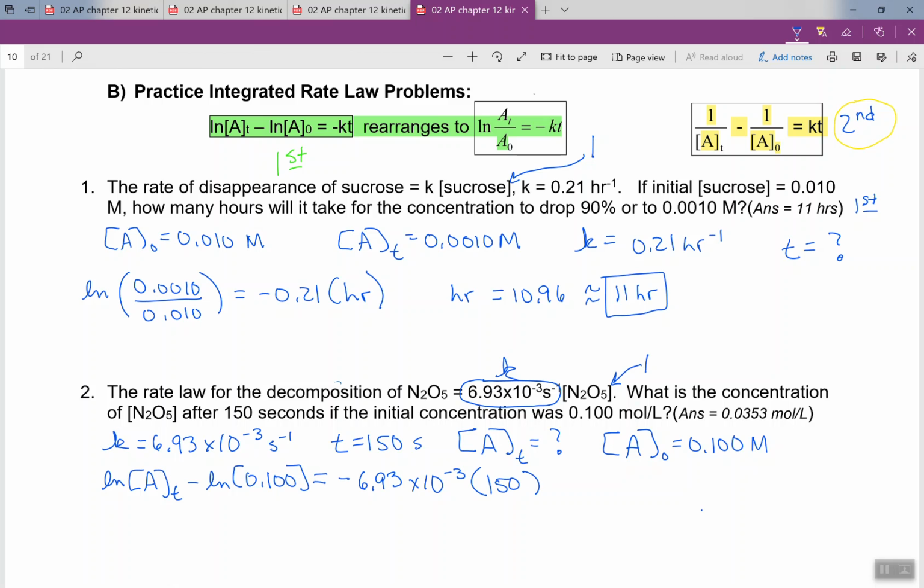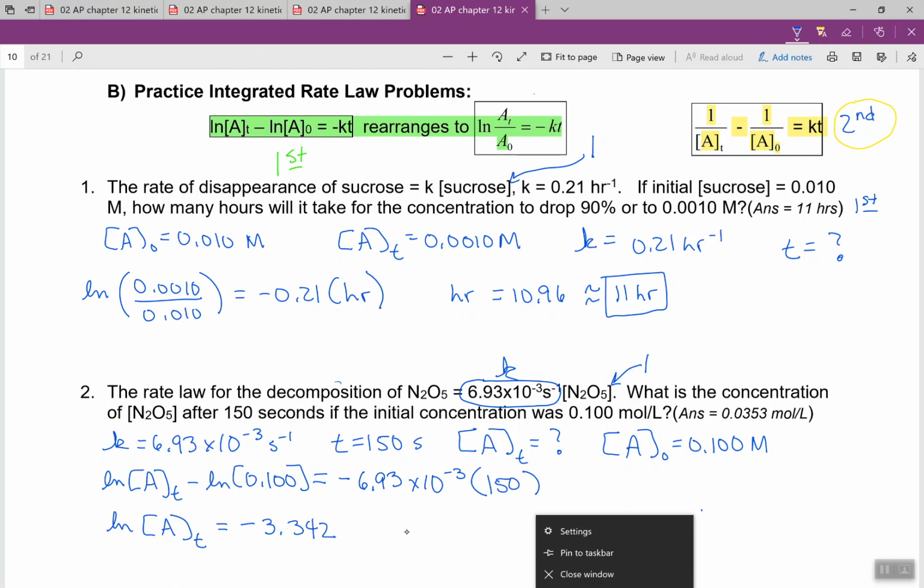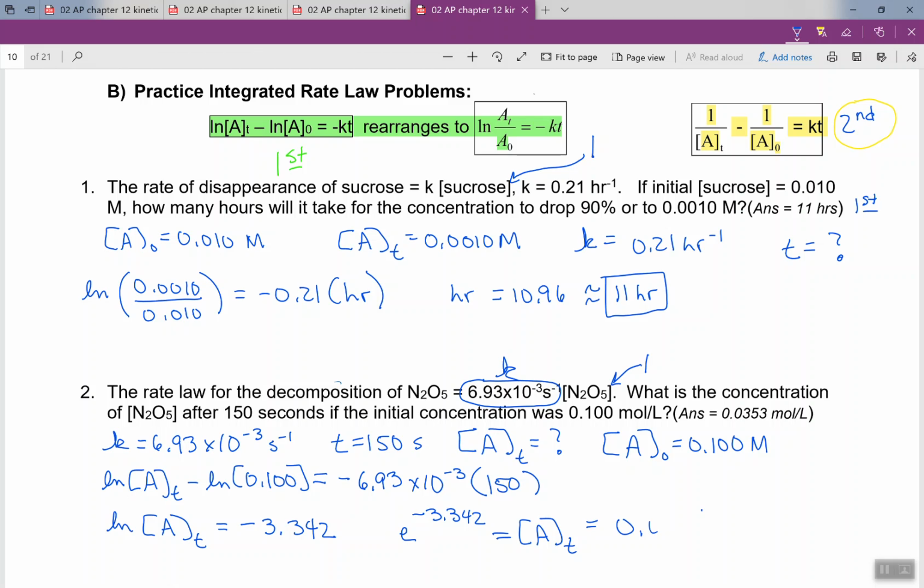When we solve for ln of A at t, it's going to be equal to negative 3.342. Now, in order to solve for A at time t, we're going to take e and raise it to the negative 3.342 power, and that equals A at time t, which is equal to 0.0353 molar.